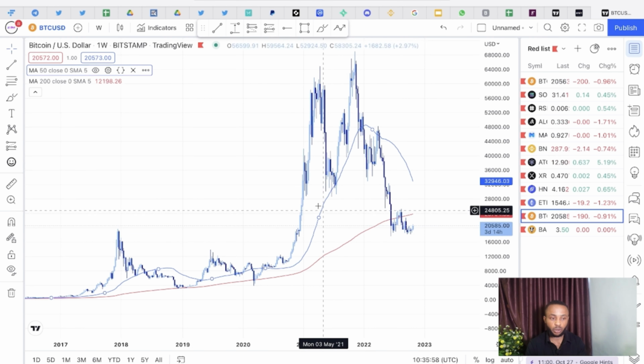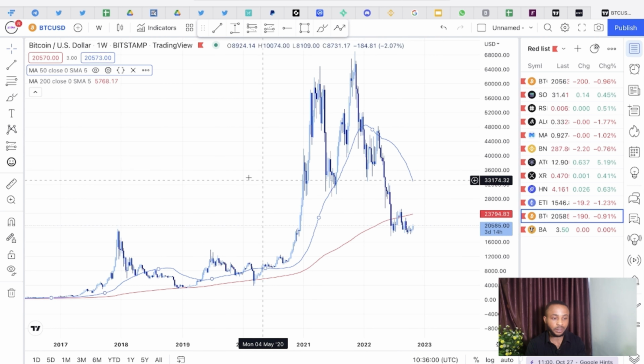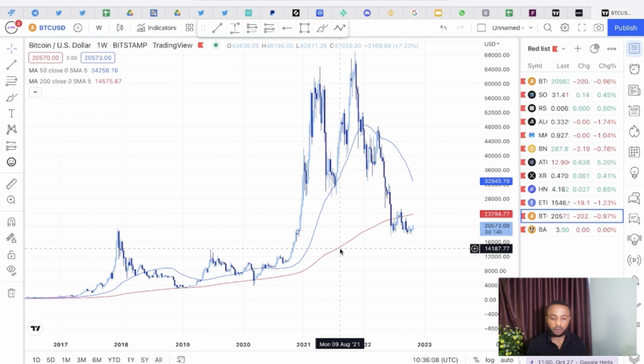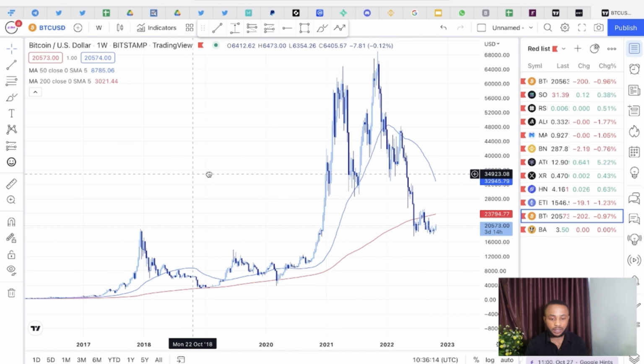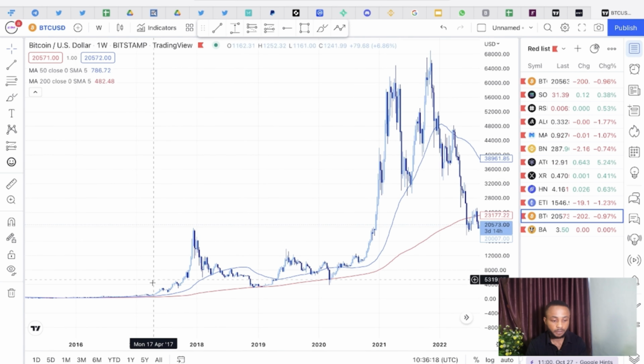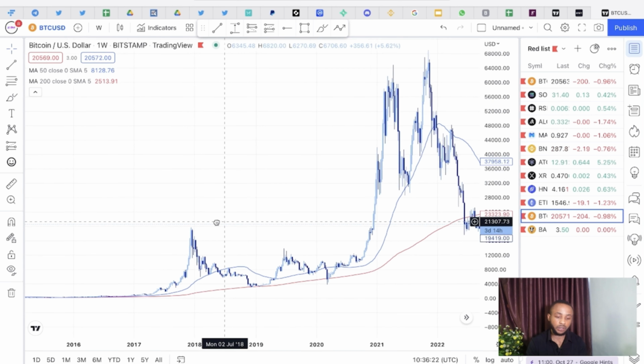The blue indicator is known as the 50-week moving average, while the red indicator is known as the 200 weekly moving average.